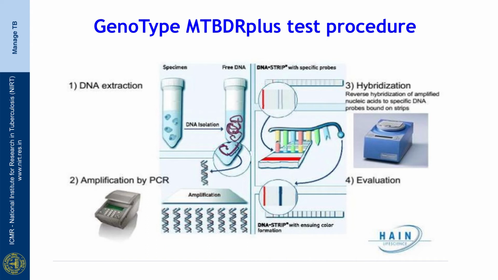The second step is the amplification by PCR using specific probes, and the third step is a hybridization procedure which involves the reverse hybridization of the amplified nucleic acid to specific DNA probes that are bound on the strips, followed by the evaluation, which is based on an enzyme conjugate reaction and development of bands on the strips.